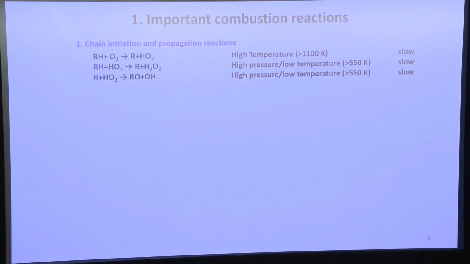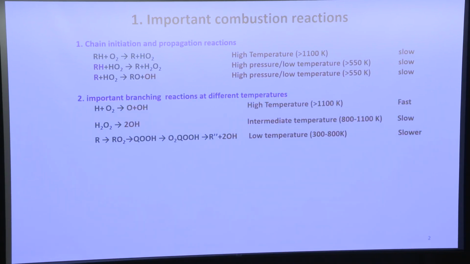In this room, everybody understands that chain initiation reactions are typically very slow, because you want to break the CH bond, and it's not easy to do that. But the important reactions are chain branching reactions. For example, at high temperature, the H plus O2 reaction generates 2 radicals.